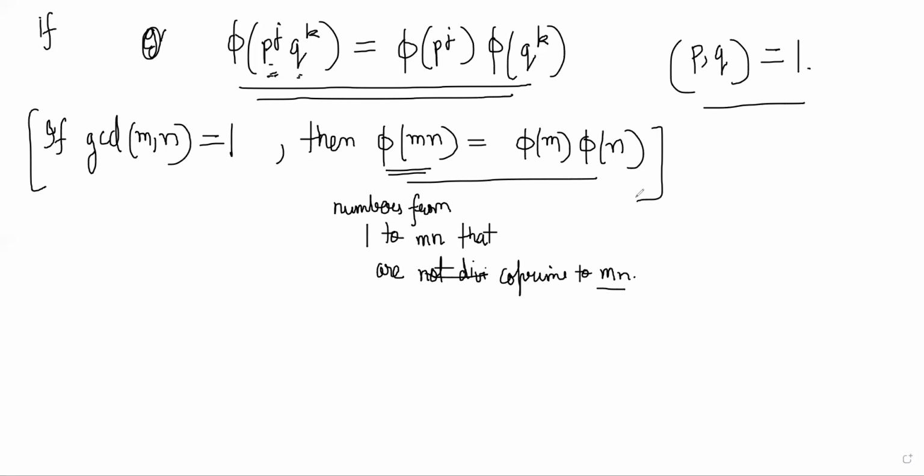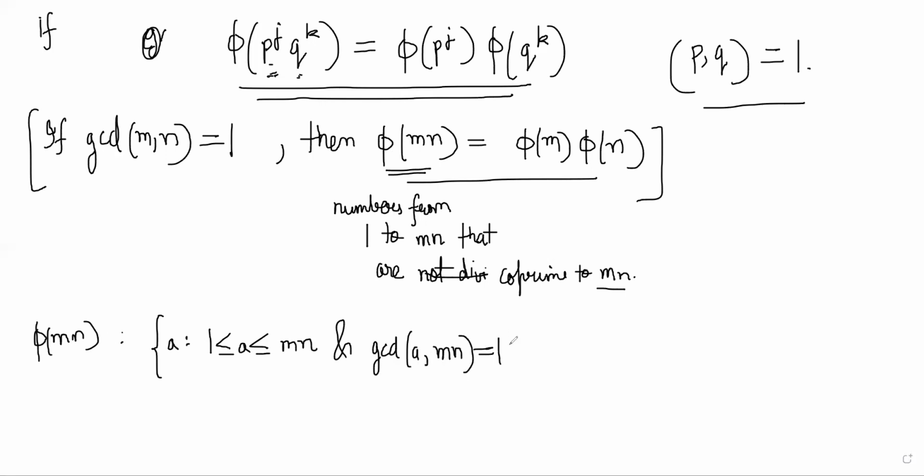So the first set, this set, right? Phi of MN, right? This is the set of numbers, let's say A, such that 1 is less than or equal to A is less than or equal to MN, and GCD of A and MN is equal to 1, right? Yeah. Correct.